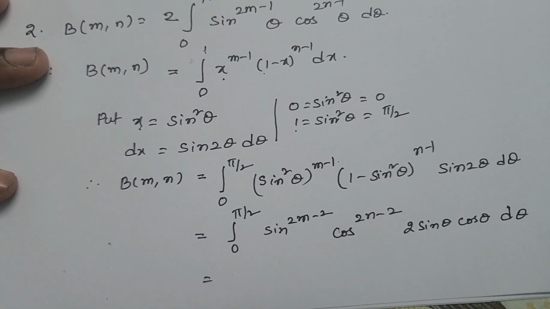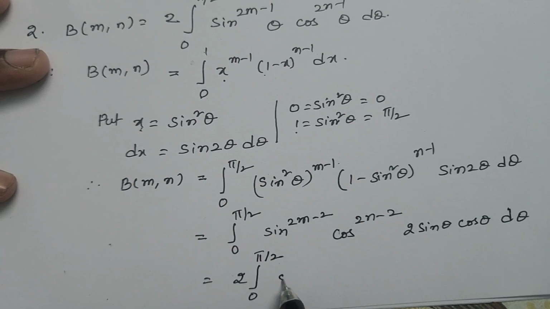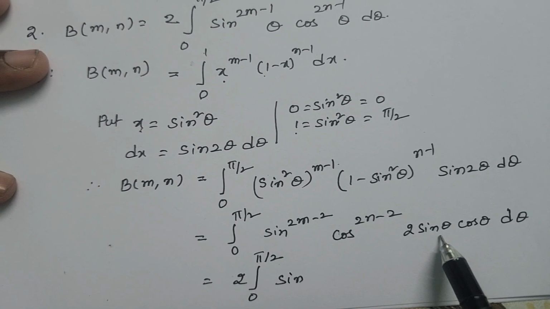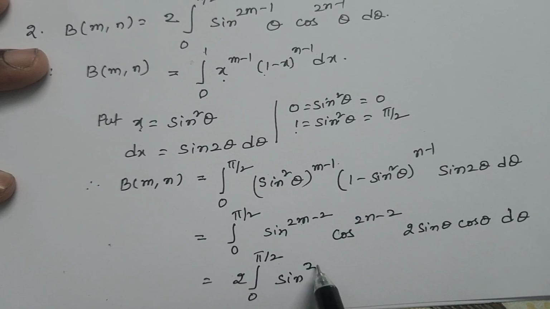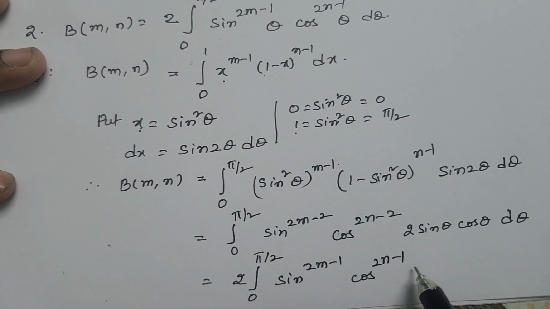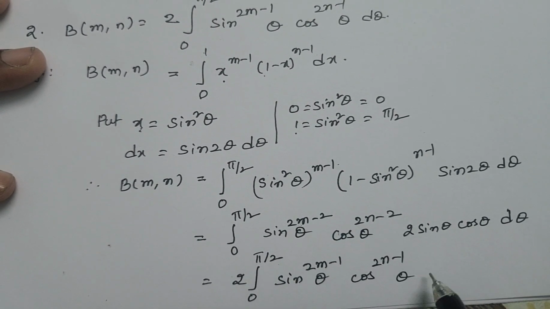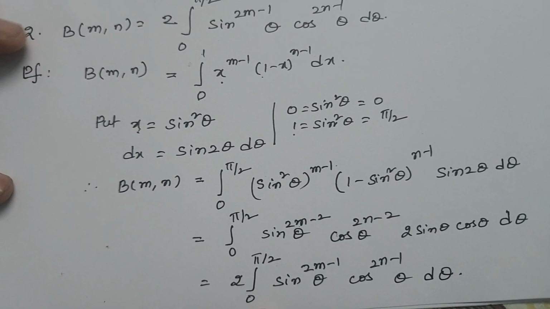Okay, so this is equal to, bring this 2 outside, 2 into the integral from 0 to pi by 2. This is sine to the power 2m minus 2, and here 1 sine theta is there, so 2m minus 2 plus 1, that is 2m minus 1. Here cos to the power 2n minus 2 and 1 cos theta is there, so cos to the power 2n minus 1 theta d theta. So this is the required answer.